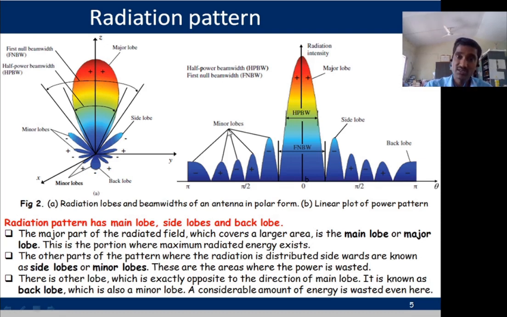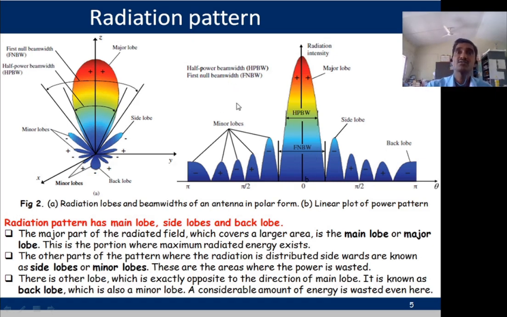If you take the angle in this specific region, that much area is applicable for the radiation or the reception of the antenna. That is the half power beamwidth.